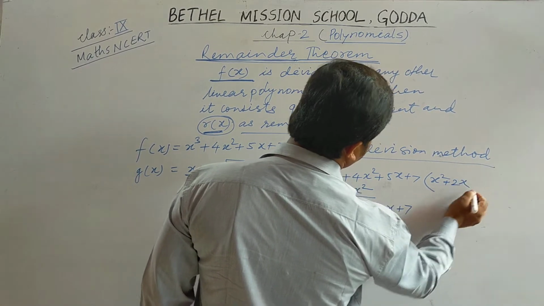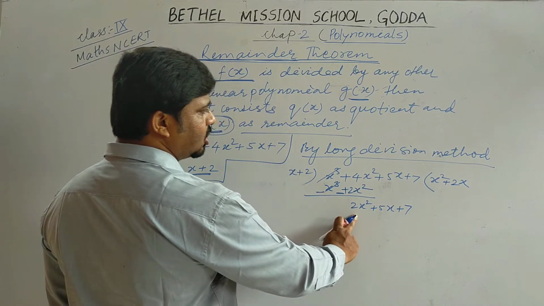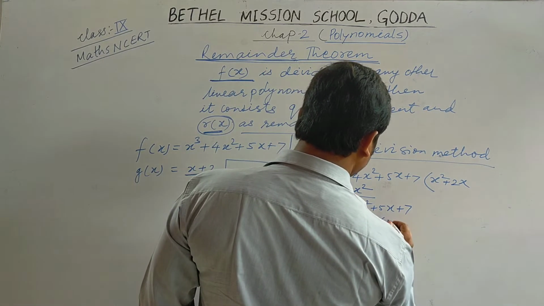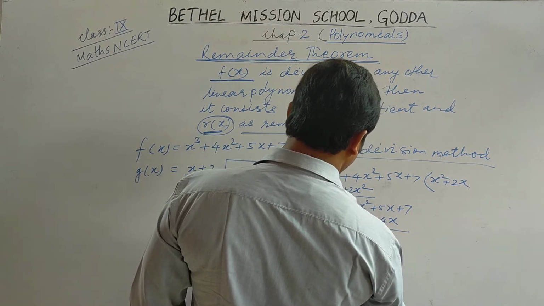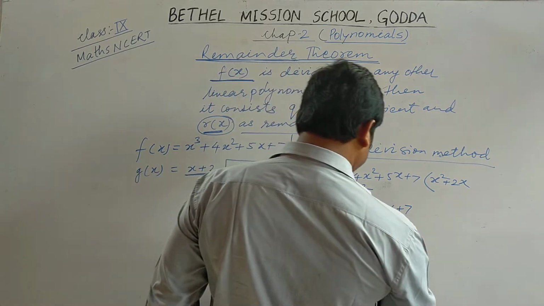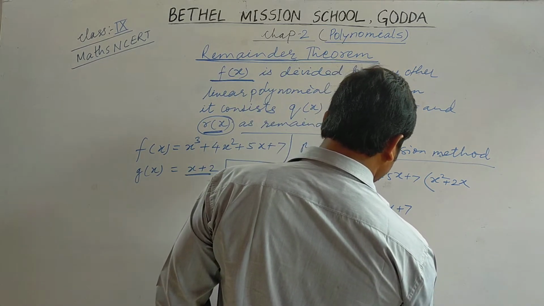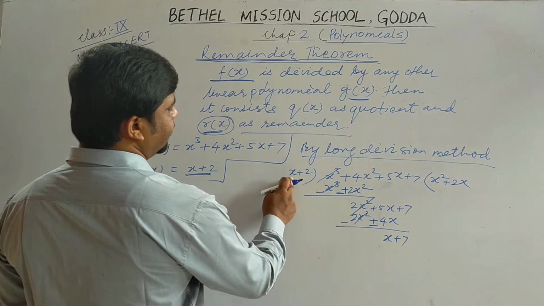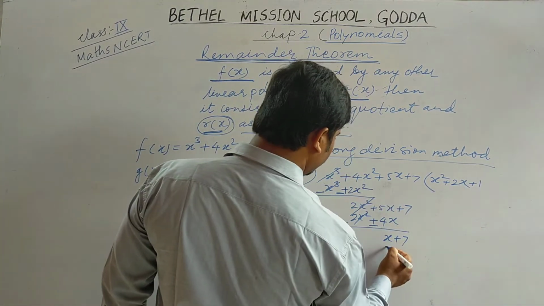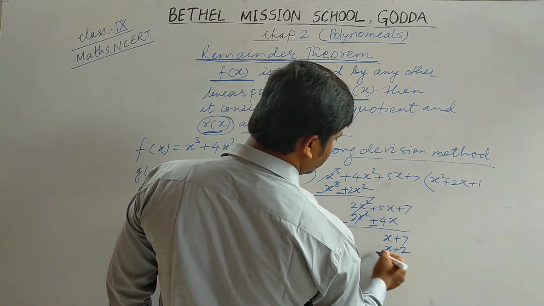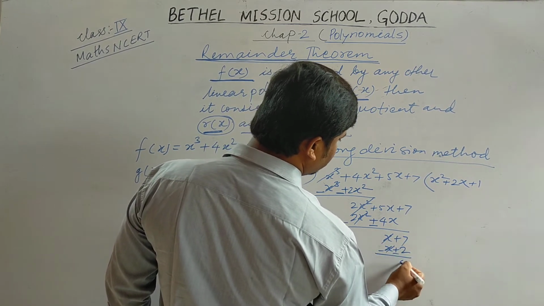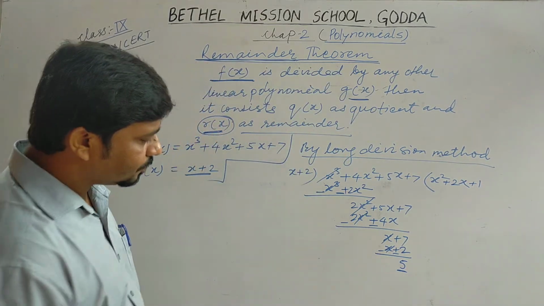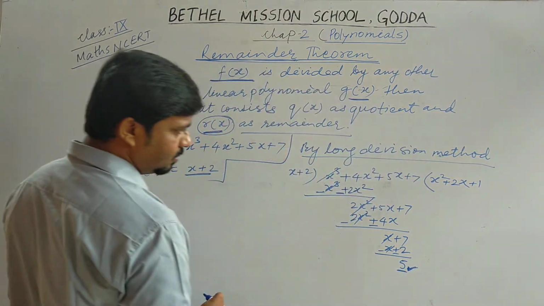Now multiply by 2x to get 2x square plus 4x, and subtract. Then we get x plus 7. For getting this x, we multiply by 1, so x plus 2, and again subtracting, 5 is left at last. So 5 is the remainder.